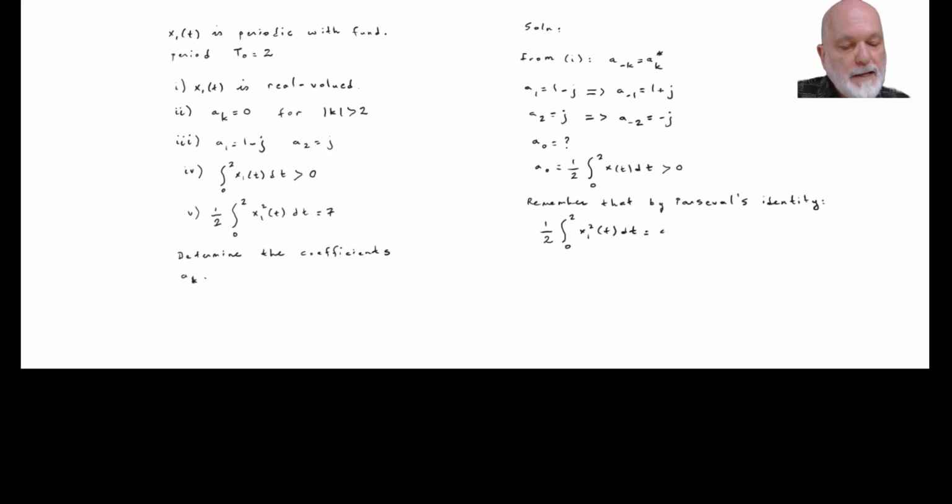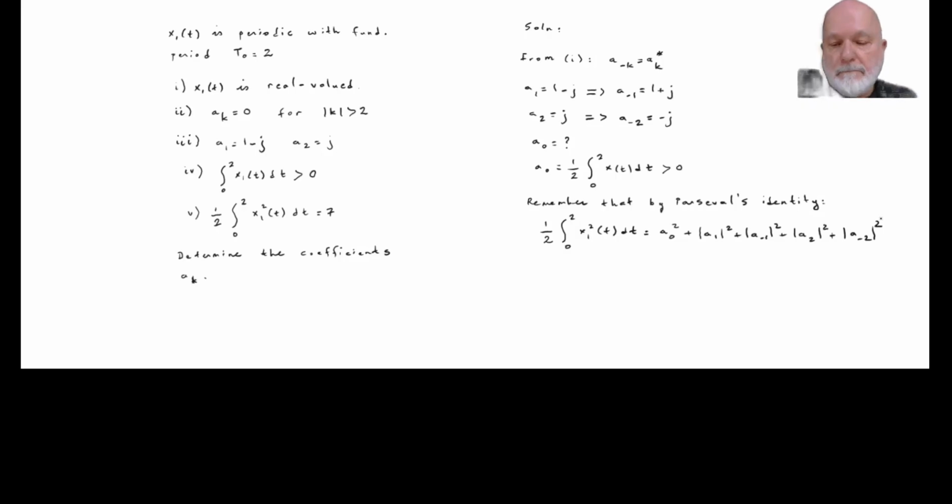So we have a0 squared plus a1 modulus squared plus a minus 1 modulus squared plus a2 modulus squared plus a minus 2 modulus squared.